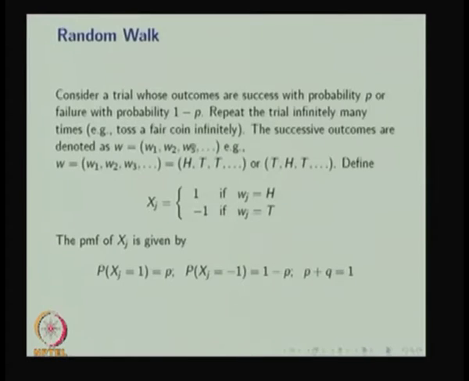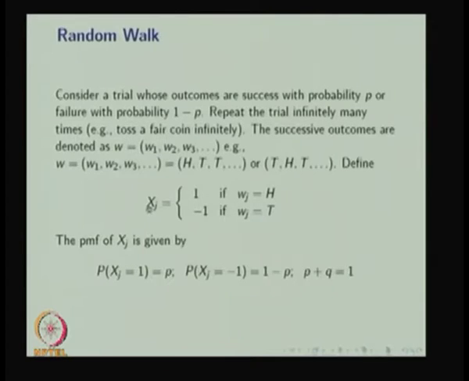So this collection of all the possible ω's is going to be the sample space. Now we define the random variable Xj. It takes the value 1 if the outcome of the jth trial is head. If the outcome of the jth trial is tail, then the value defined for Xj is minus 1.